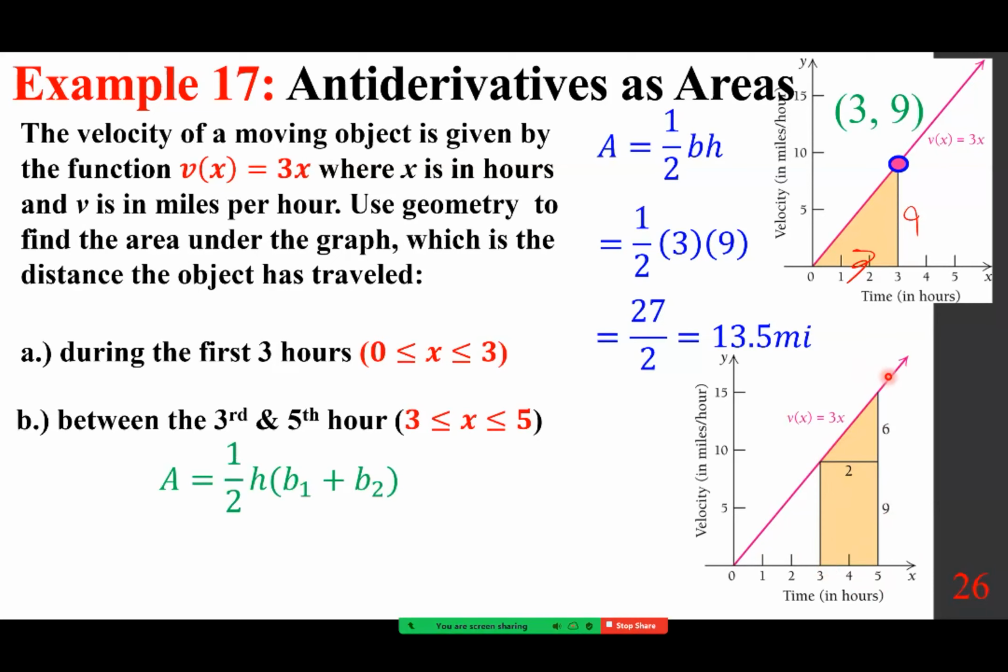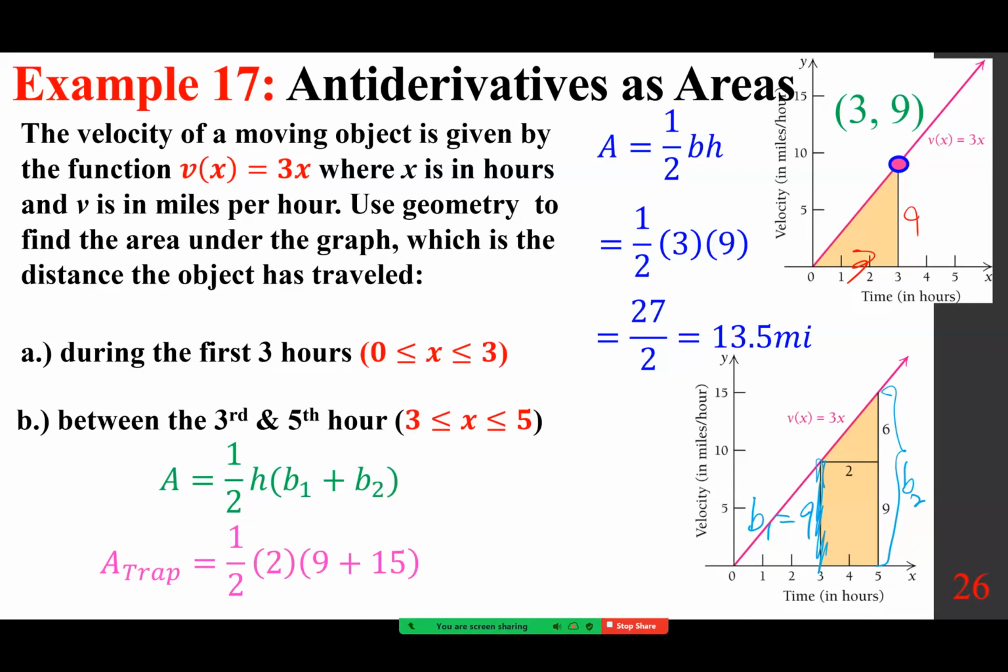This is b2. b1 equals 9. b2 equals 6 plus 9, 15. So you plug in, 24 miles.